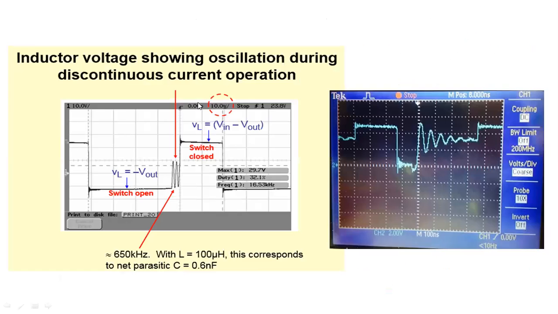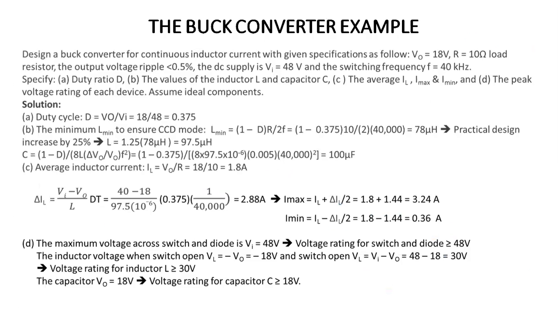So here, when we are calculating the value for IL, we can take that value as output voltage upon that resistor. So you will get 18 upon 10, that is nothing but 1.8 ampere. Now we are supposed to find IL max and IL minimum.